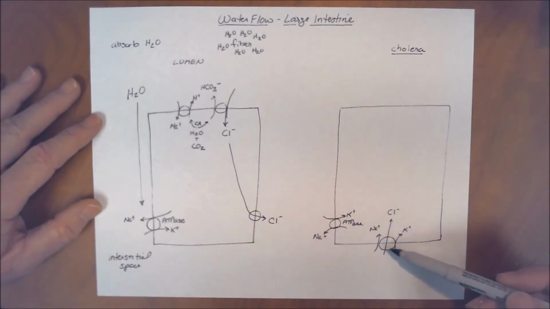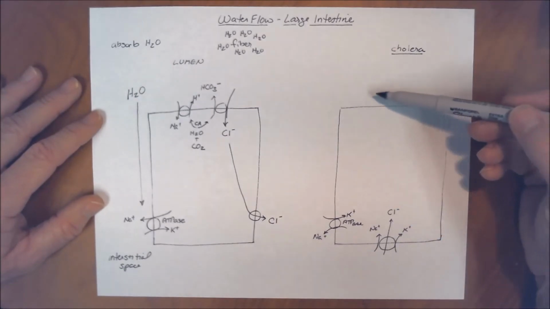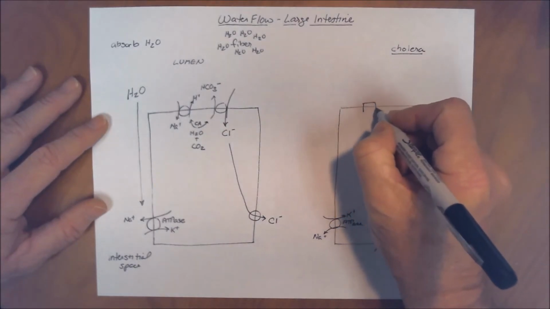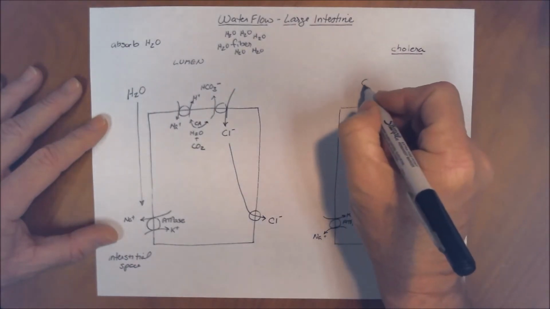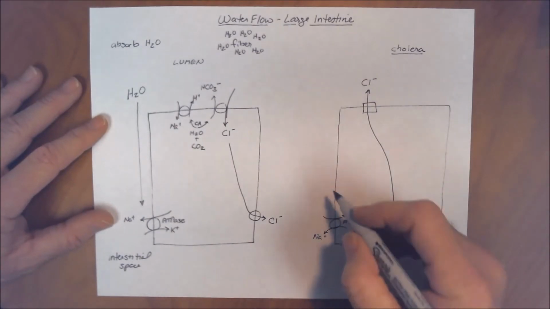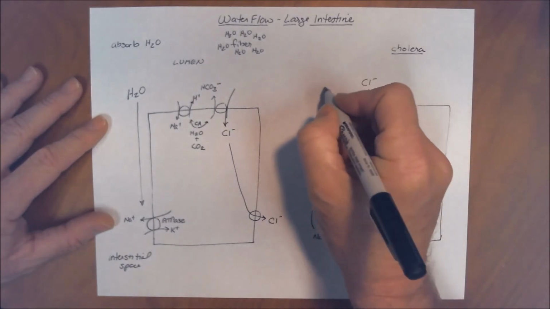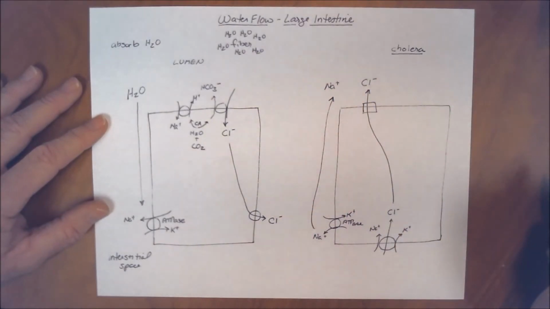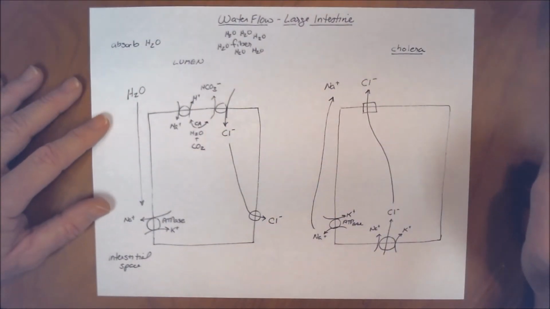Now, if we have an excess of chloride moving in this direction, and we have an escape path for chloride on the apical surface, what we can potentially do is to take the chloride and put it out into the lumen of the large intestine. Sodium that's being pumped out of the cell will naturally move to the lumen to neutralize the charge on the chloride ion. So now we have a bulk flow of ions moving into the lumen.